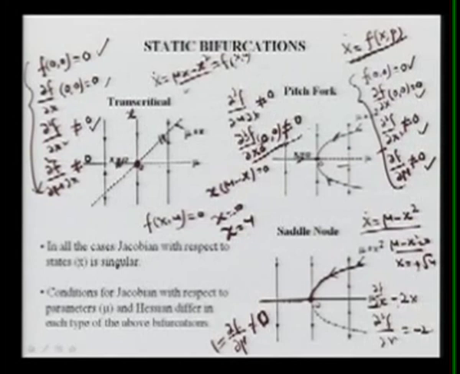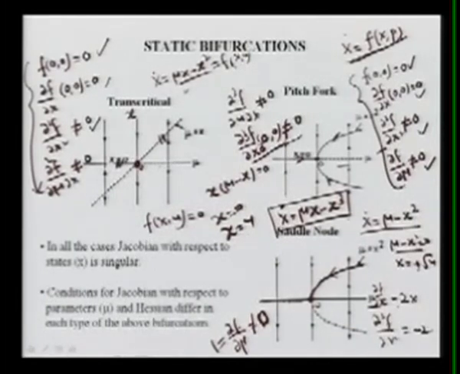The example for this: x dot is equal to mu x minus x cubed. If you put x cubed, then this is an example of a pitchfork bifurcation. So, these bifurcations are used for the dynamic analysis, and that is very, very important.